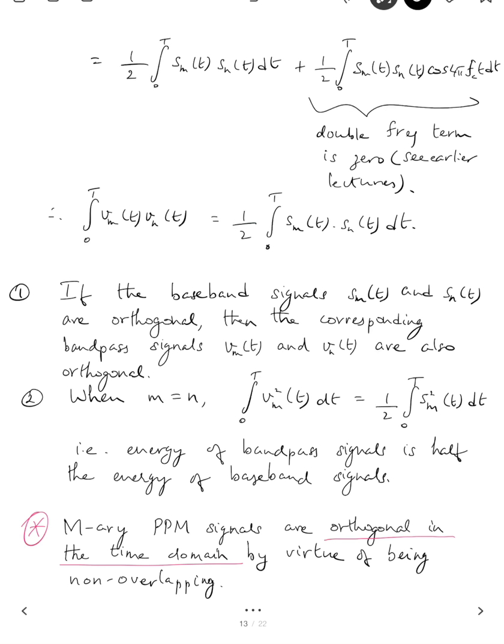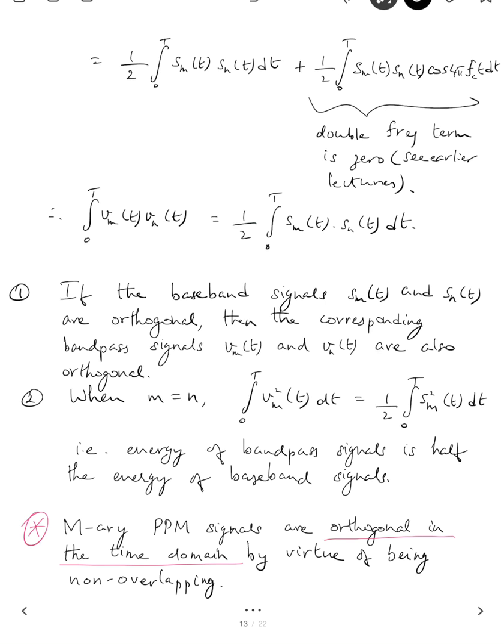So what we have is that if the baseband signals are orthogonal, then the resulting bandpass signals are also going to be orthogonal. So if we start with our PPM signals, which are orthogonal signals, and produce bandpass signals by multiplying those PPM signals with our carrier signal, then the resulting bandpass signals would also be orthogonal.